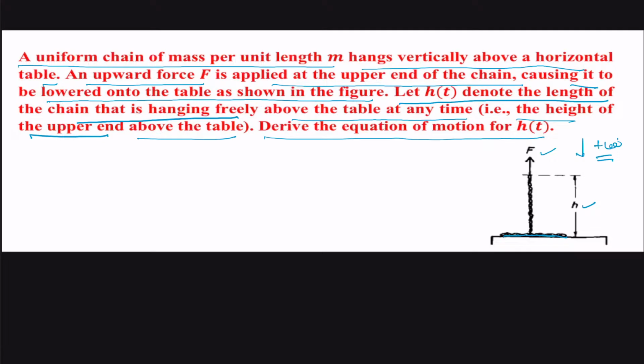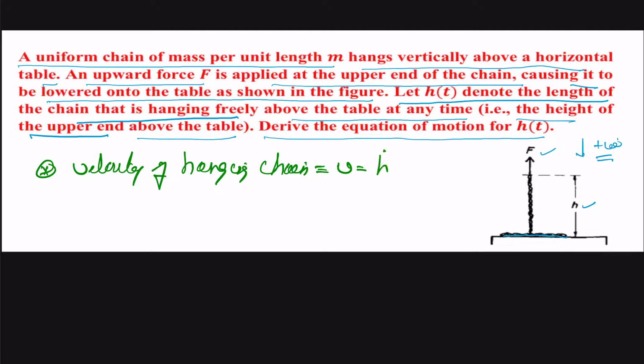And we are given that h is our length of the chain at a certain time. Therefore, we can write that the velocity of the hanging chain, that is our v, we can write this as a first derivative of our h, because h is nothing but our distance, height in this case.